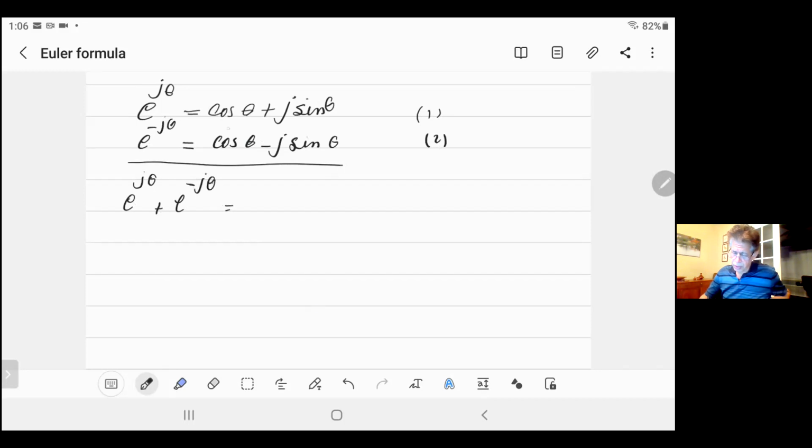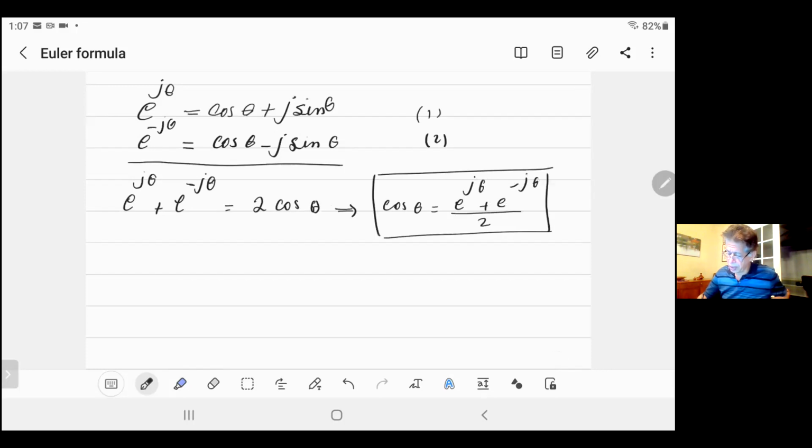When you add them, the cosines add to 2 cosine theta, but the j and minus j cancel. So divide both sides by 2, and you get cosine theta is equal to e to the power of j theta plus e to the power of minus j theta, divided by 2. That's the first relationship we can get for cosine theta.